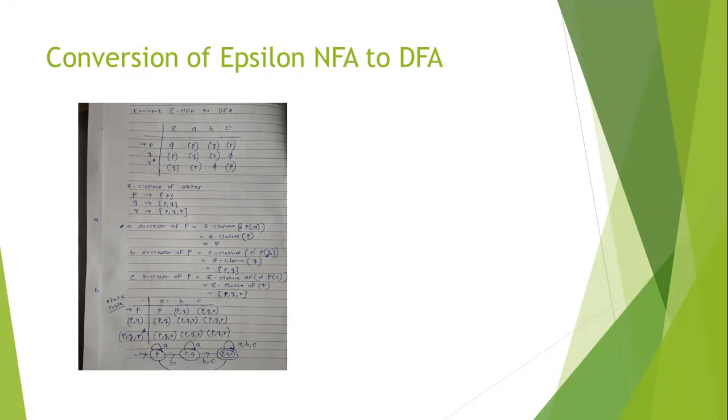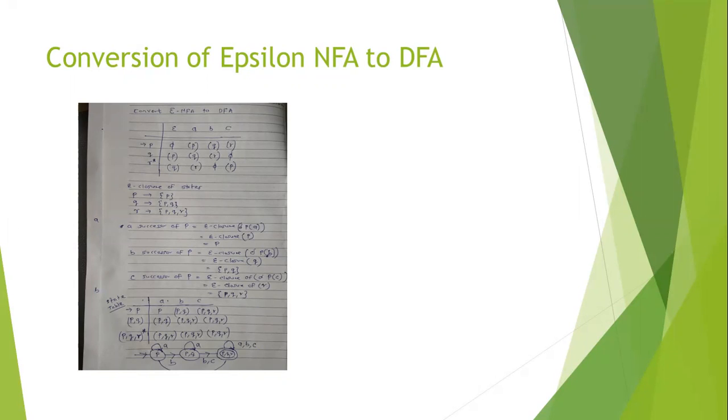So here if we are getting all the three values, we can conclude that P comma Q is already visited, but the only not visited state is P comma Q comma R. So again we will form for P comma Q comma R. So we'll find P comma Q comma R for A, for B, and for C. So how to find it: P with A union Q with A union R with A, and whatever the value we are getting, we have to find just the epsilon closure of that.